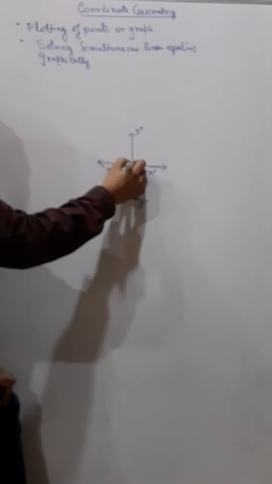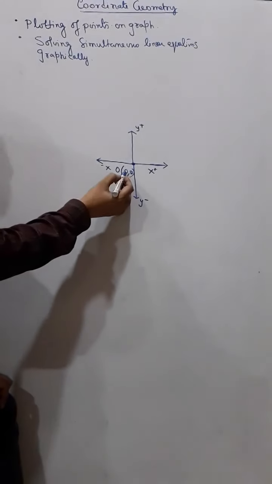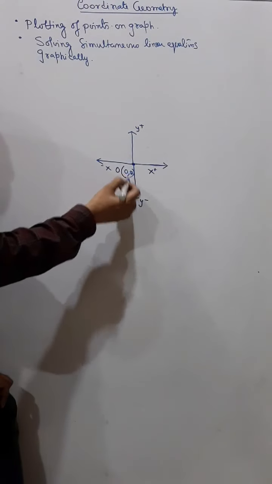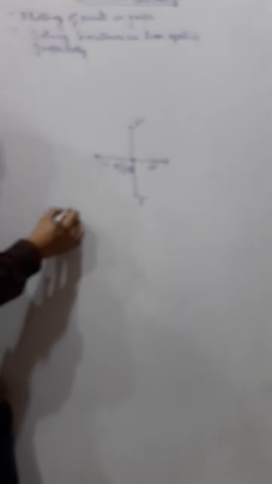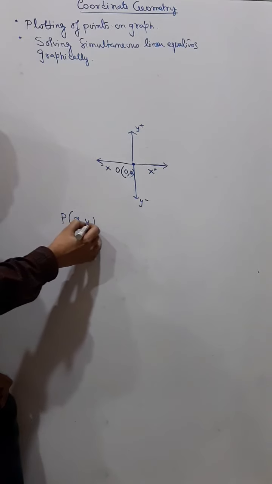And since this origin is the starting point, the coordinate of this origin is 0, 0, where any coordinate point is mentioned as x, y.